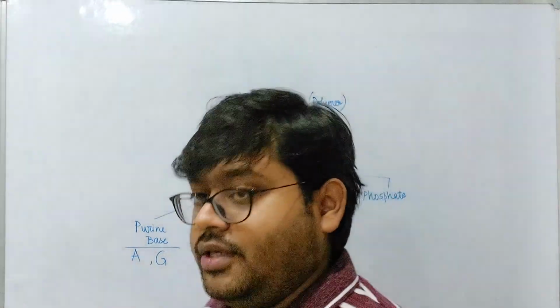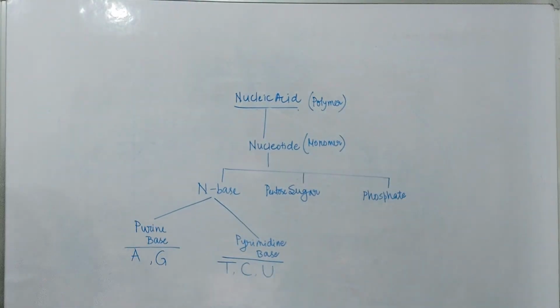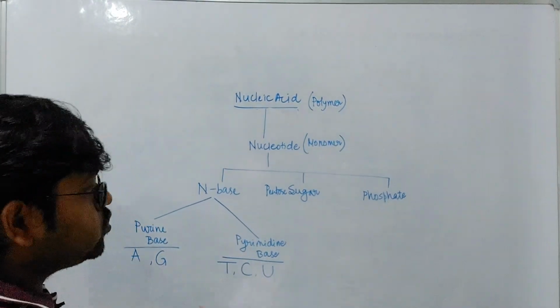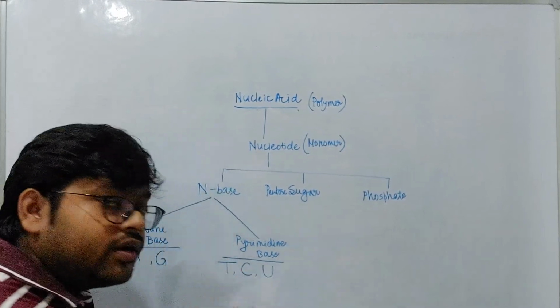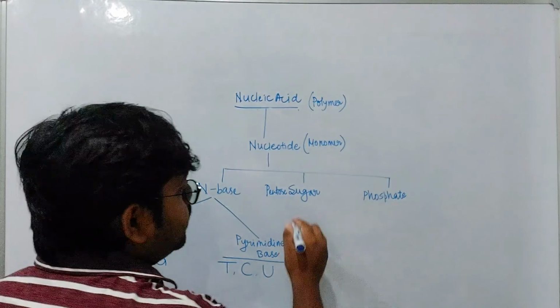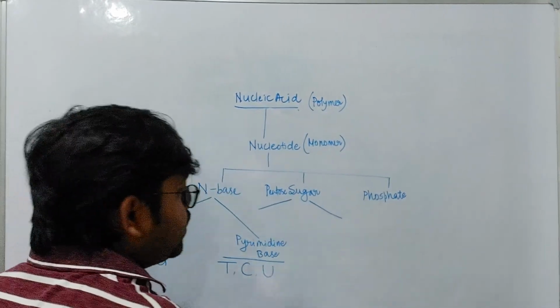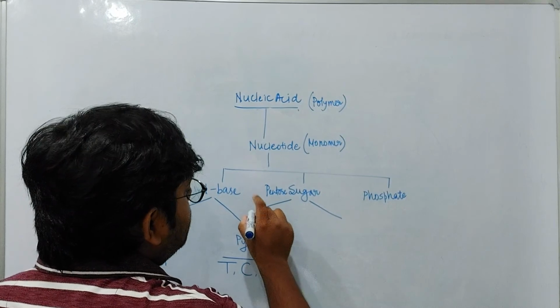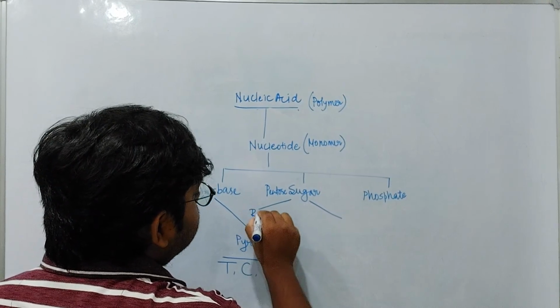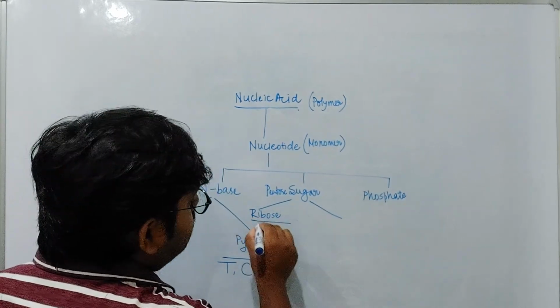But before that, let's try to understand these units. What about pentose sugar? Pentose sugar, as I have told, contains 5 carbon atoms. Two types of pentose sugar are there. One is ribose, which is found in RNA.